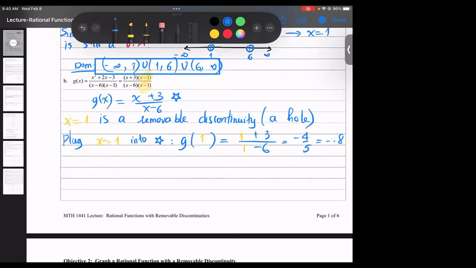Actually, let me rephrase. I prefer the exact values. In this case, both negative 4/5 and negative 0.8 are exact values, so it doesn't matter. So 1, negative 4/5, or you can use negative 0.8. That is the removable discontinuity or the hole.